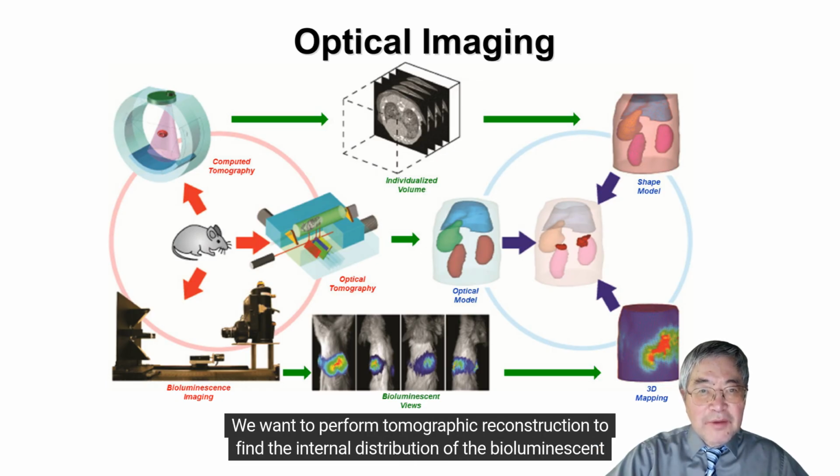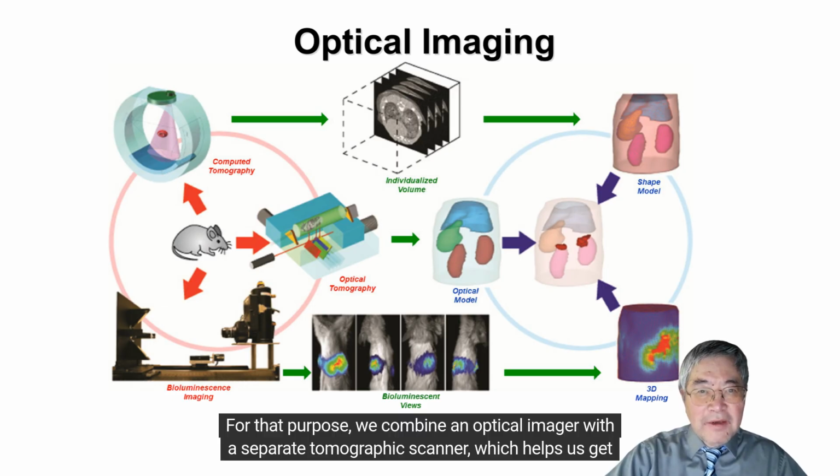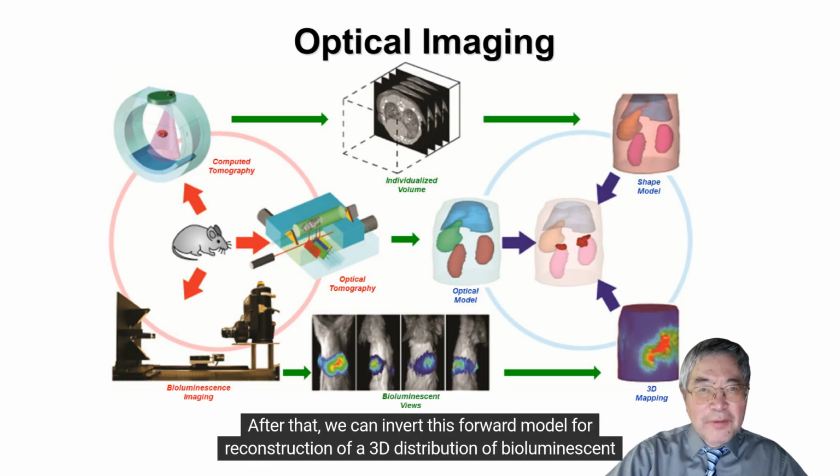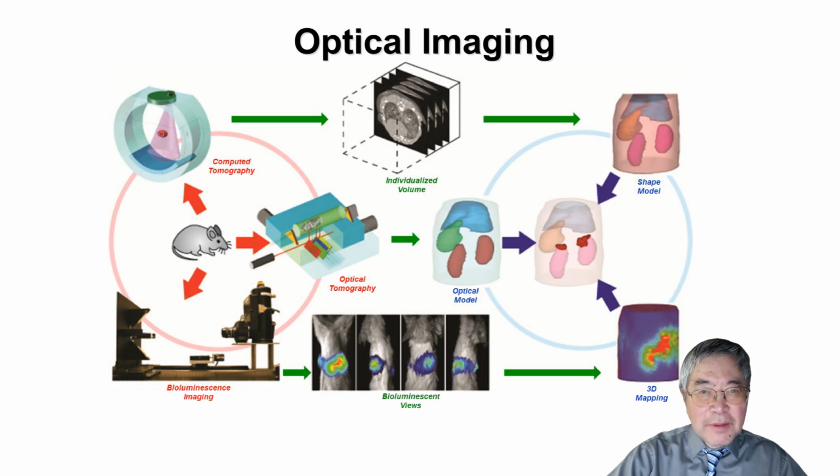We want to perform tomographic reconstruction to find the internal distribution of the bioluminescent sources. For that purpose, we combine an optical imager with a separate tomographic scanner, which helps us get both the anatomy and the optical properties of organs and structures to build a forward imaging model. After that, we can invert this forward model for reconstruction of a 3D distribution of bioluminescent sources.